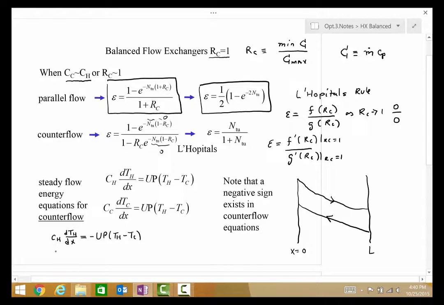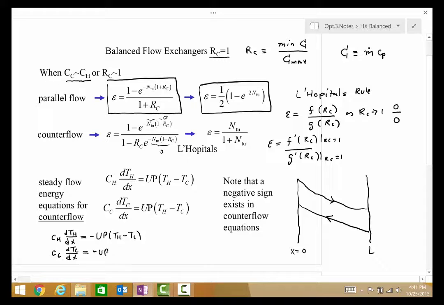Now, on the other hand, if you look at the cold stream problem, you'd say CC dTC/dx is equal to, and this is an important issue here, with increasing x, we have a negative value of the temperature gradient, so we have to recognize that this is actually sort of an odd problem.